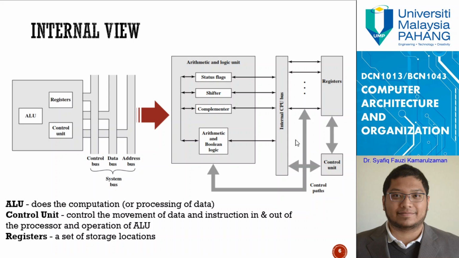The control unit is involved in wiring and allowing access of data towards the arithmetic logic unit and also the register. The arithmetic and logic unit does all the computation. The control unit instructs the movement of data in and out of the processor for operating the ALU, and the register is basically a set of storage locations.